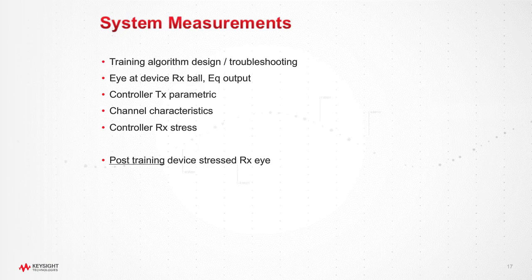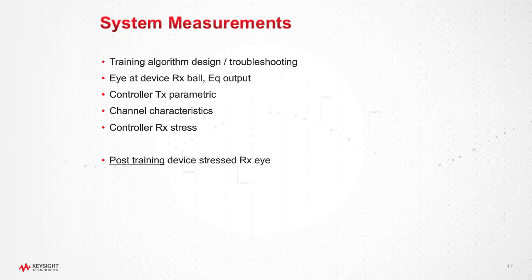Again, there's the actual receiver eye requirement, either at the ball or the output of the equalizer. There are a set of data sheet specs that describe what kind of signal the DRAM needs to see apart from this eye.